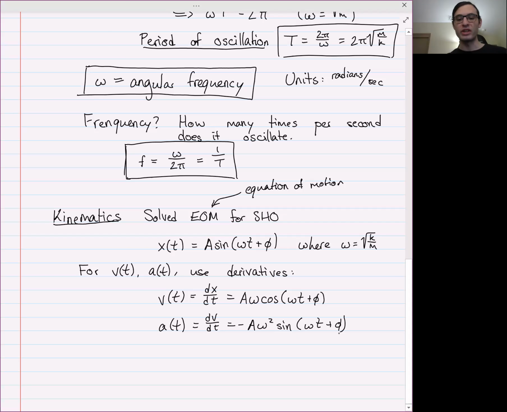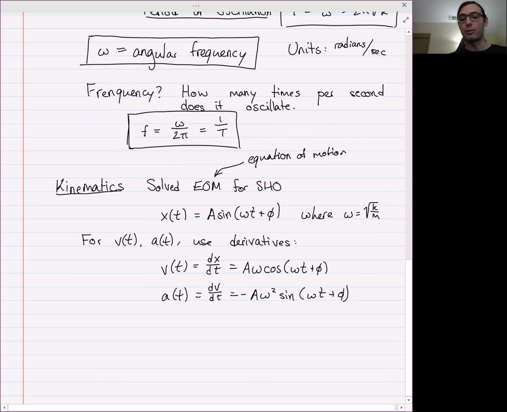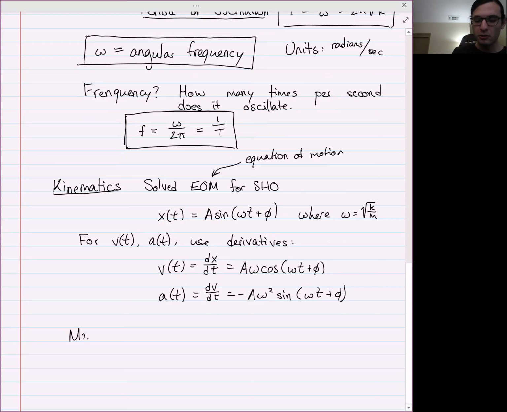And so we can use this relationship, x of t, in combination with the velocity and acceleration to learn something more. In particular, we can learn about, for example, the maximum displacement. Just as you could figure out the maximum height an object went using its kinematics by setting its derivative to 0, we can also learn how far away from equilibrium the object gets at most.